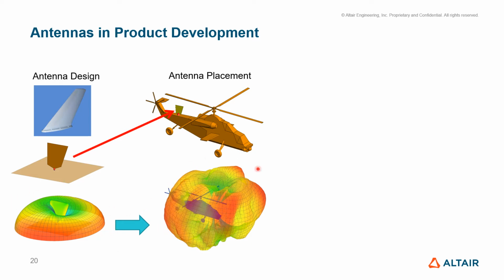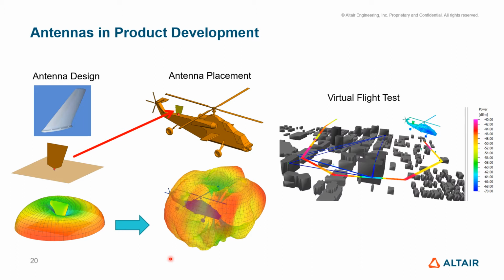That's why it's critical to compute the antenna pattern on the platform on which it's going to go. So now we can take this helicopter and actually do a virtual flight test in a city environment. This is the flight path we're talking about for the helicopter, and there's a base station that's communicating with the helicopter, and these colors here show the power density as the helicopter is moving along this path.